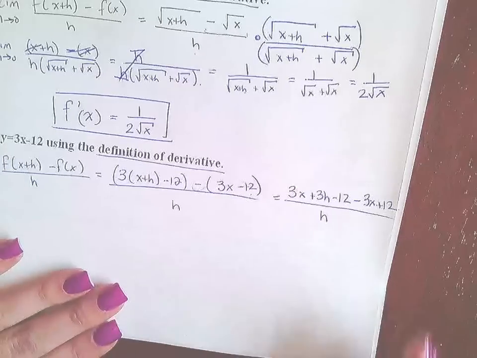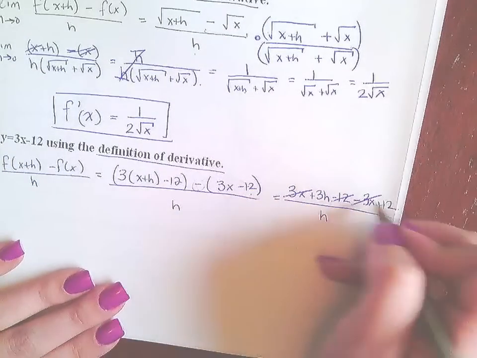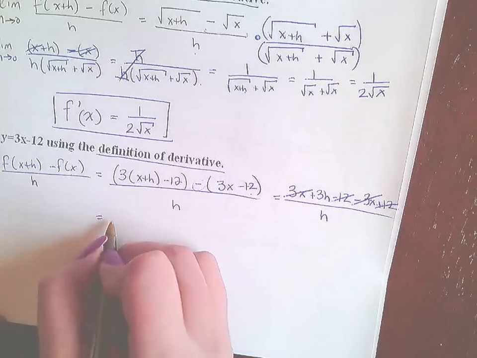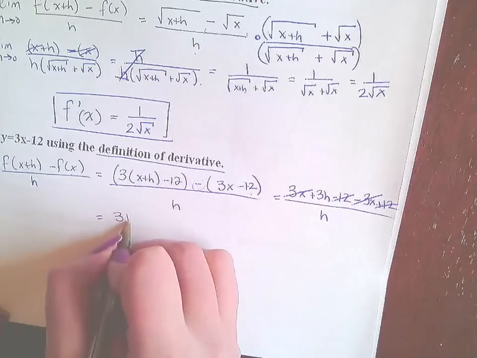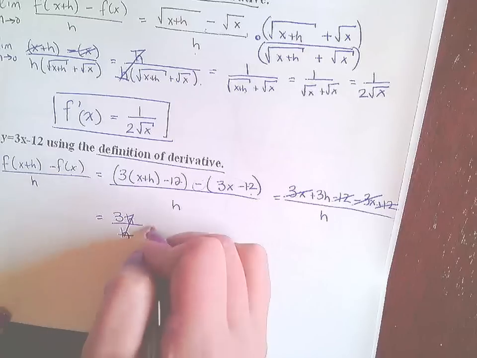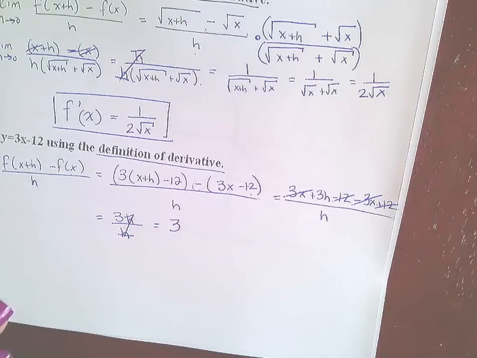And right now I noticed that my 3x's are gone and my 12's are gone. And what I'm left with is just 3h over h. And what happens to these h's? They turn into a 1, and I'm left with 3.